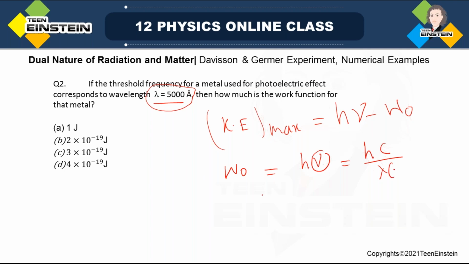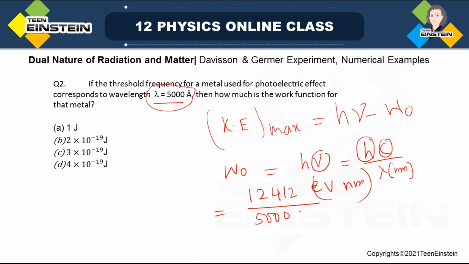If your lambda is in nanometer, then what we know is hc, this will give you electron volt and nanometer, which is 12,400. So this is a factor.